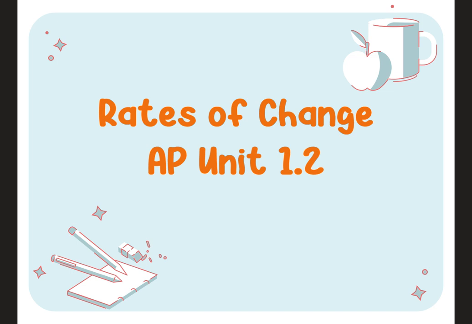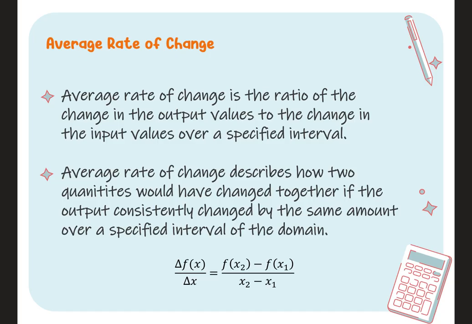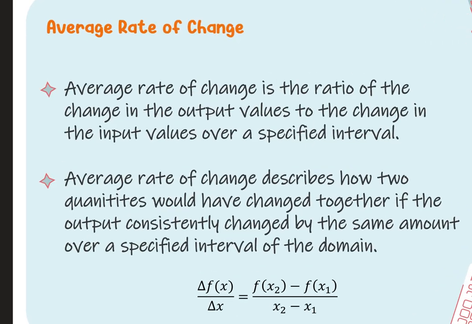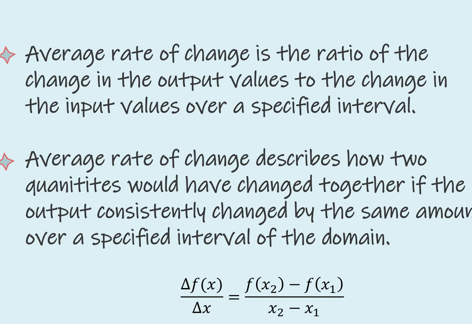So rate of change takes what we learned yesterday and gets a little bit more specific. Rate of change is very similar to slope. You're talking about the rate of change of a graph, okay? So in general, average rate of change is the ratio of the change in the output values to the change in the input values over a specified interval.